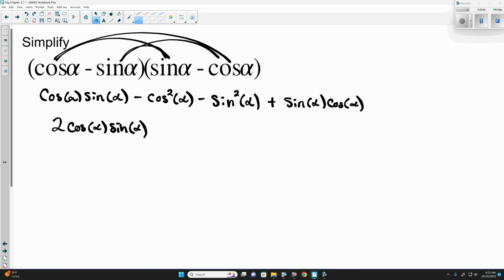Now, there is something interesting with our cosine squared of alpha and sine squared of alpha. They are both negative.